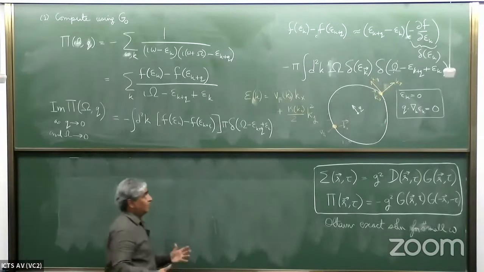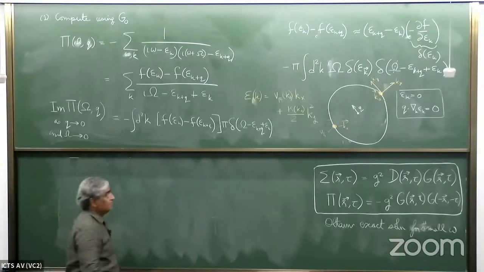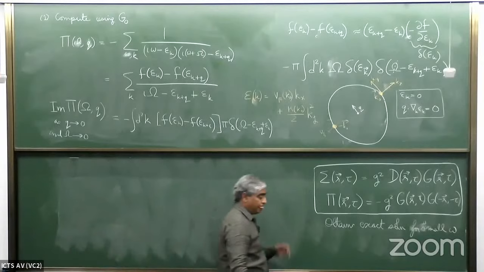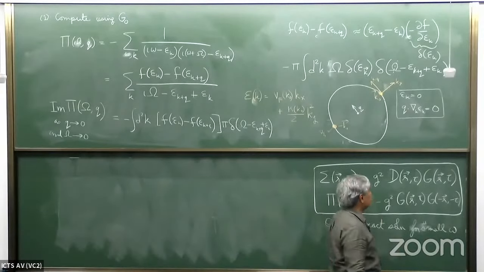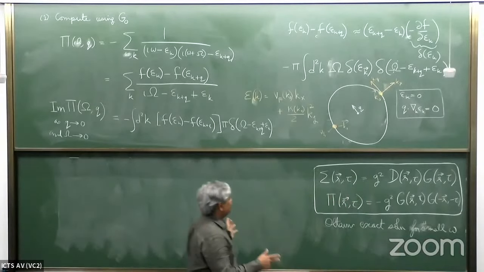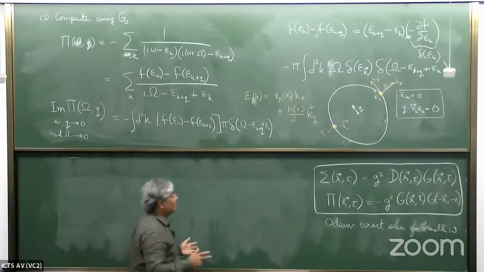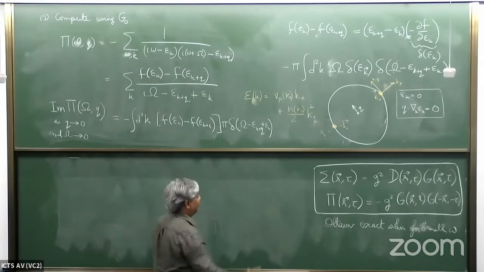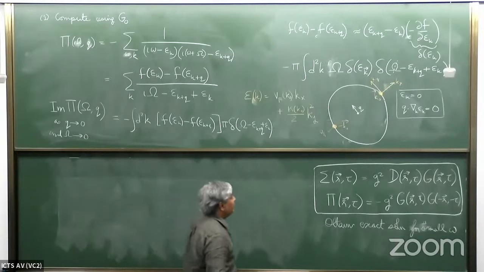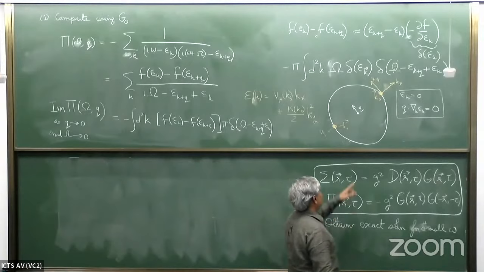So k0 is fully determined by q. So the independent momenta are q for the boson and kx and ky, well, some general k for the fermion.